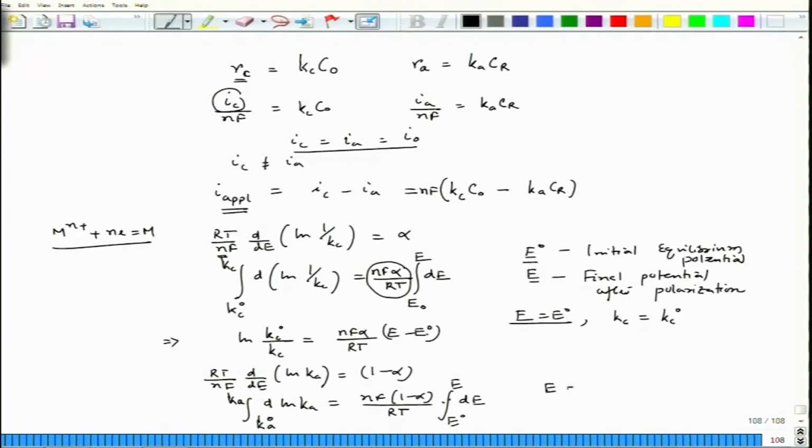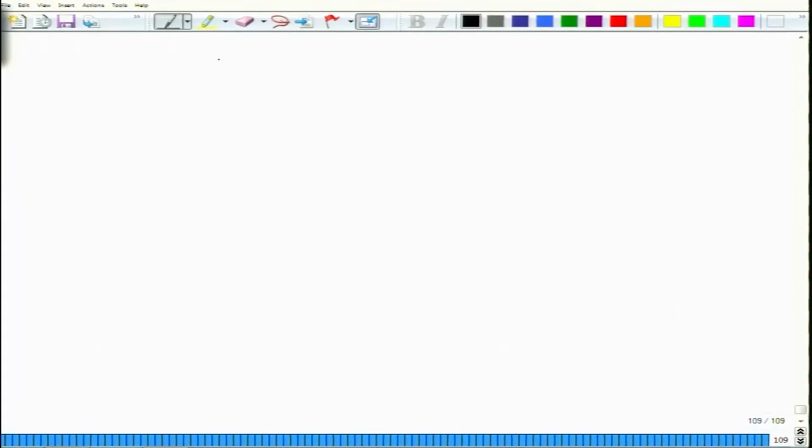When E equal to E0, Kc equal to Kc0. So, I would get ln Kc equal to (1 minus alpha) Nf by RT (E minus E0).